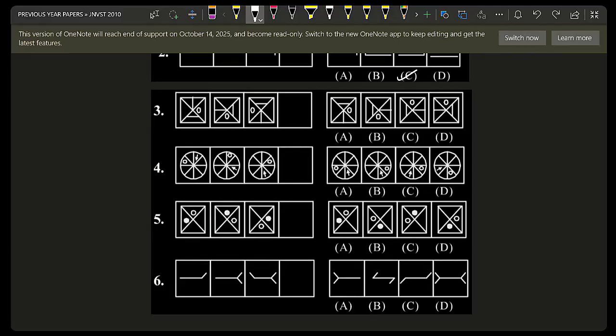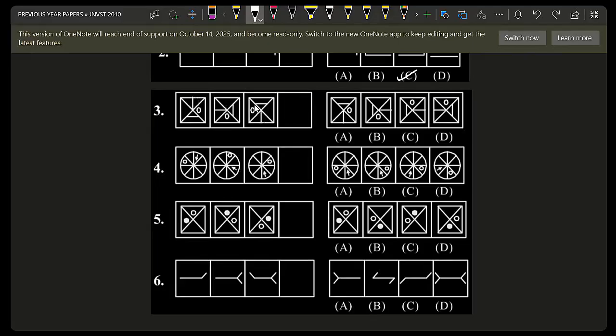The two lines are moving in anti-clockwise direction, while the circle is moving in clockwise direction. You can see this line is moving like this. That means it is going in anti-clockwise direction.